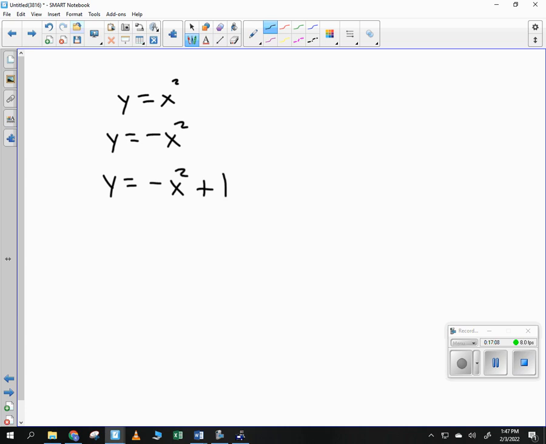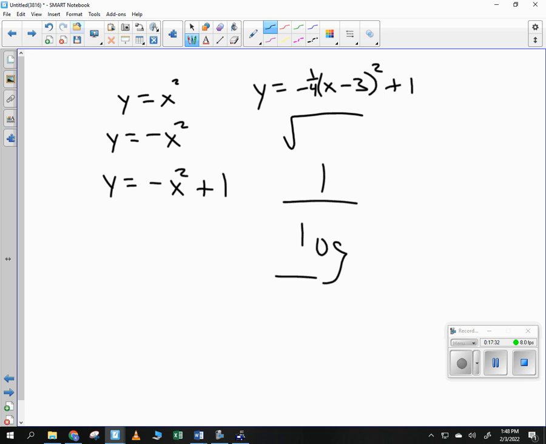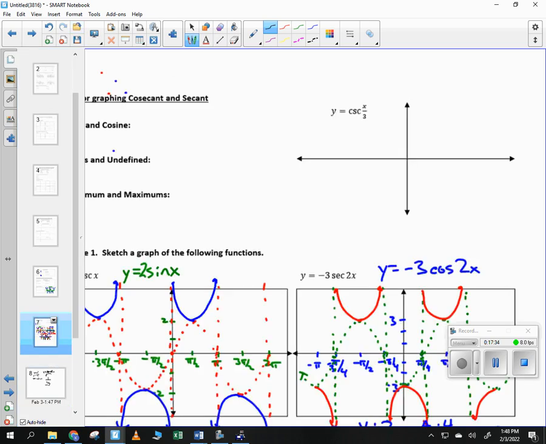And then you had, say, Miss Hanson, and she said, we're going to flip it upside down, shift it to the right 3 units and add 1 to it. And then she even said, we're going to create a compression or a stretch, right? And then he came to my class. We said, forget about that. You're going to do square roots as well. You're going to do 1 over. You're going to do logarithms, all those things, right? Look at where it's brought you. We are still doing transformations.